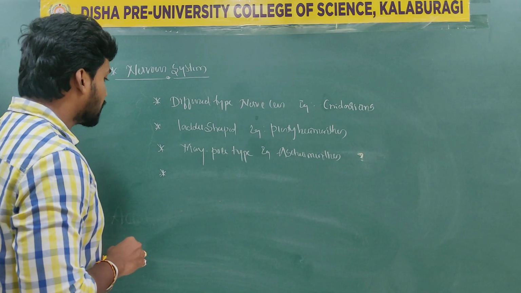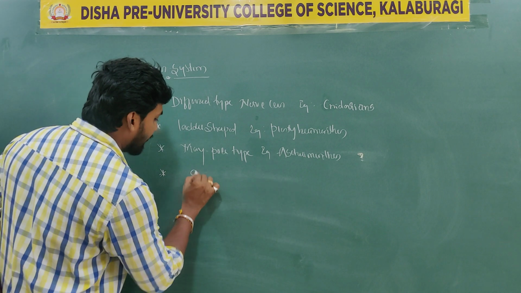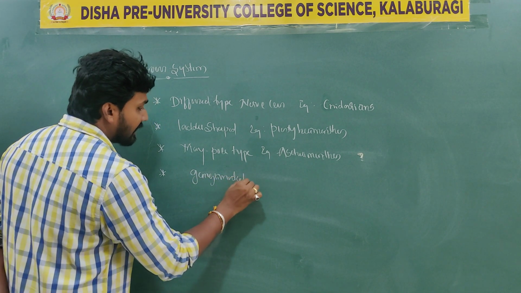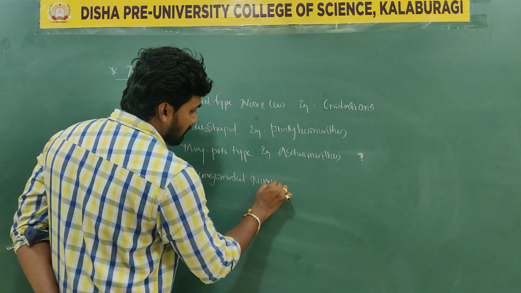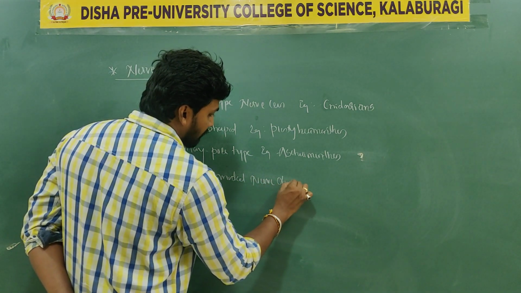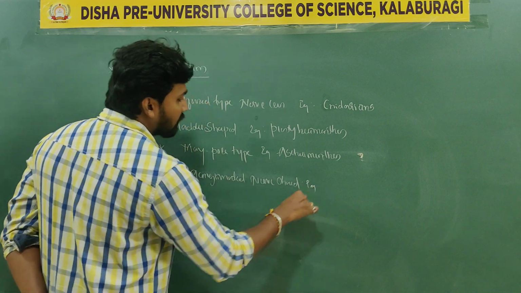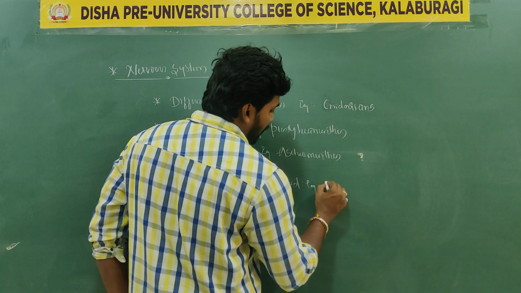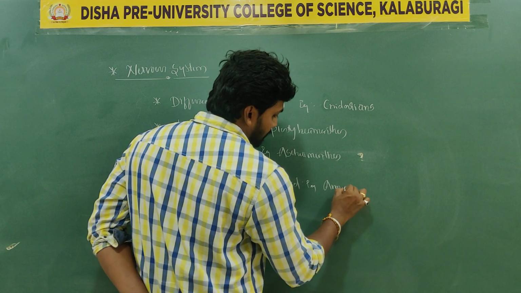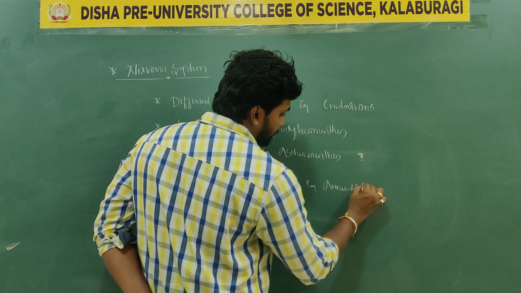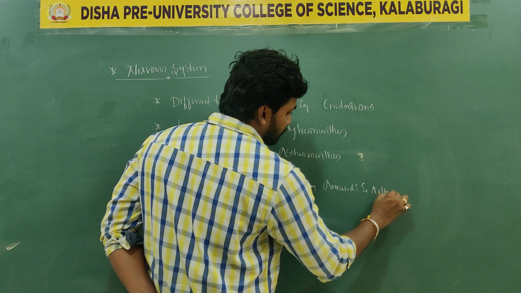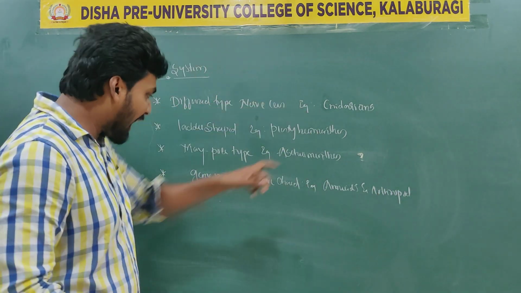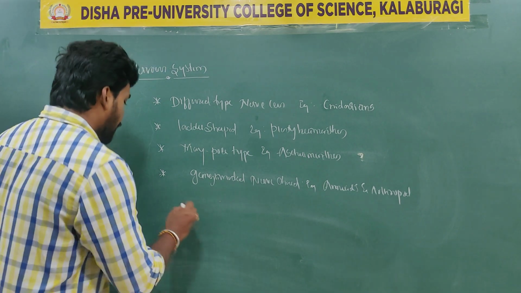Some species have a ganglionated nerve cord, which is seen in annelids and arthropods.